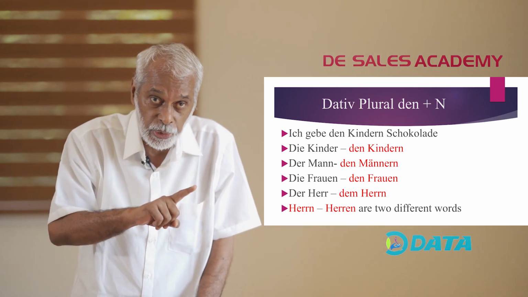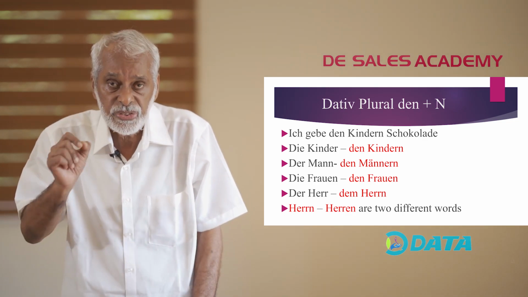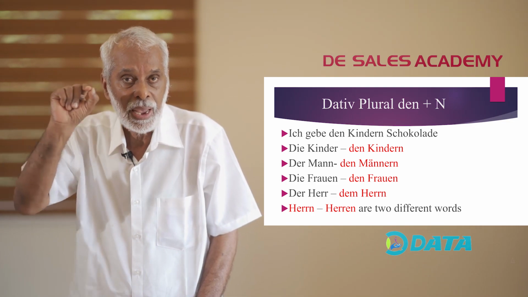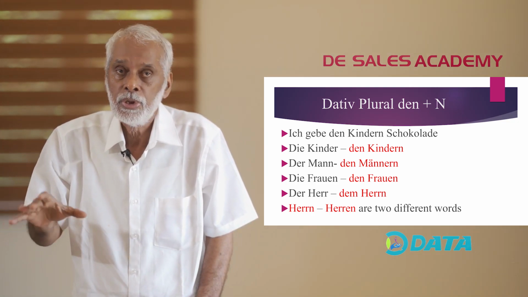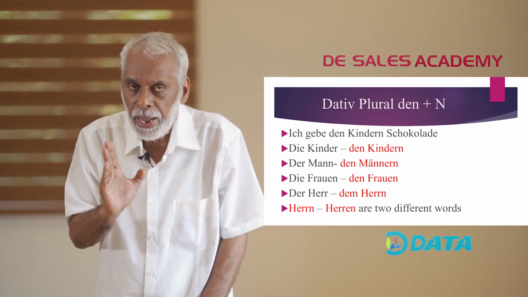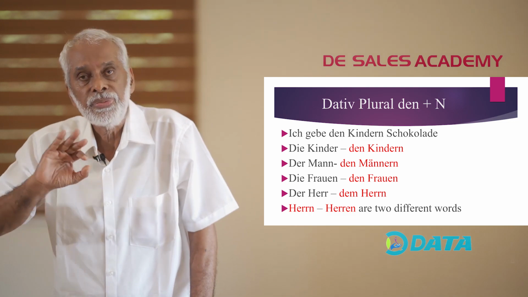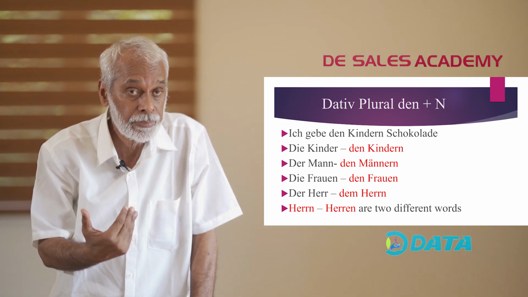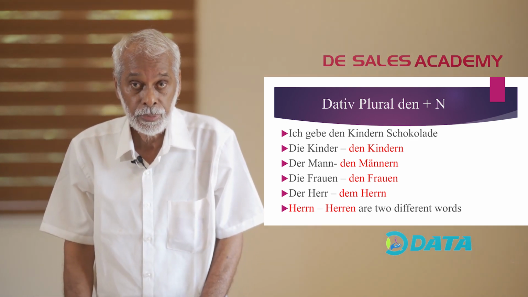In such cases, you need not put this n at the end of the noun once again. So the dative plural of die Frauen will be only den Frauen, and for der Herr, dem Herrn.